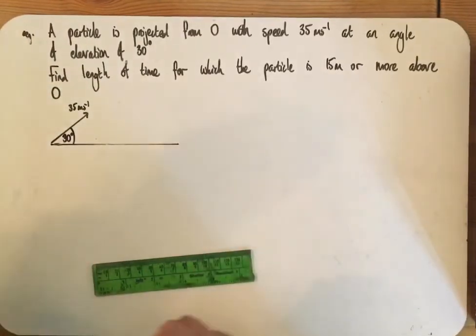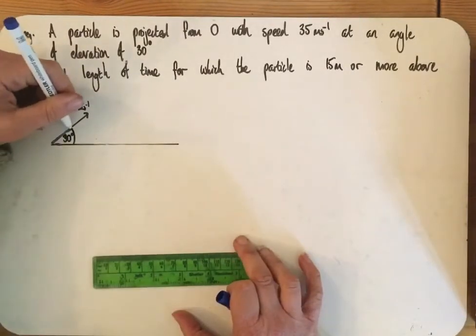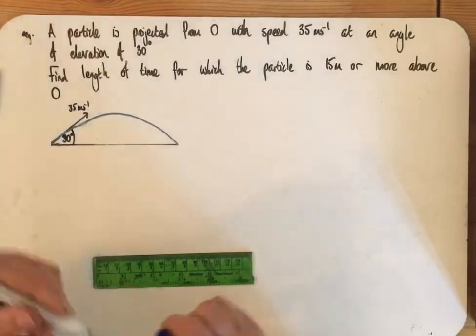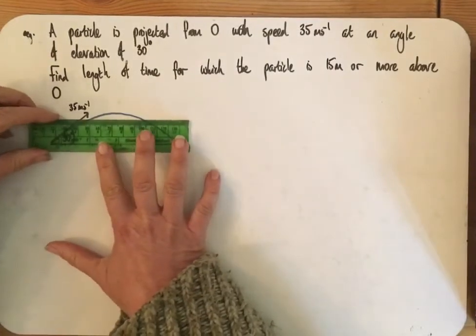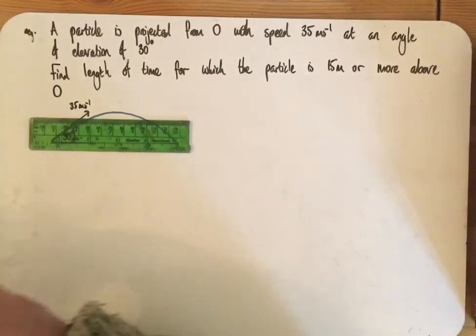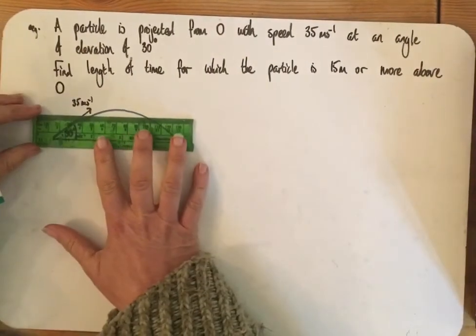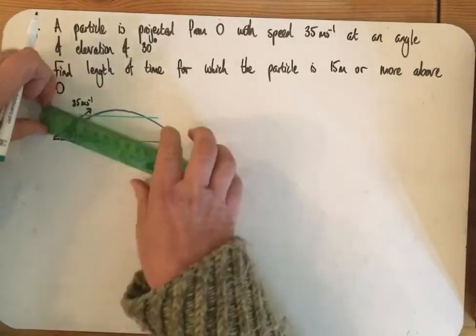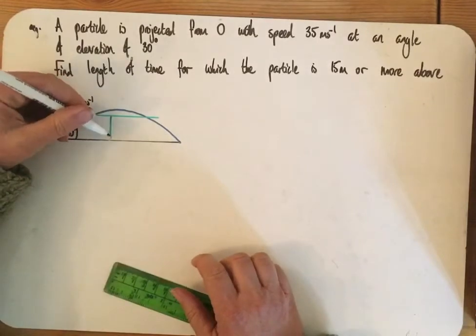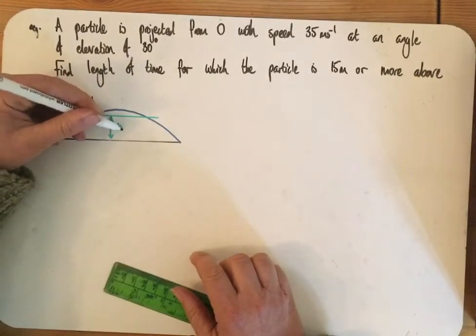So the projectile is doing something like that, and we want to know the length of time which is above 15 metres. I get to use different colours, exciting. So we want the length of time it's above 15 metres.